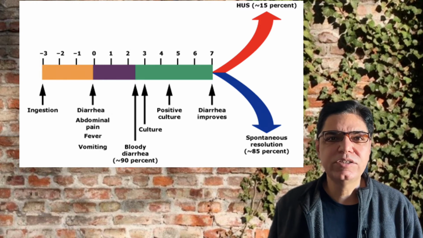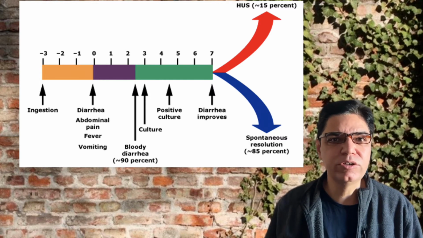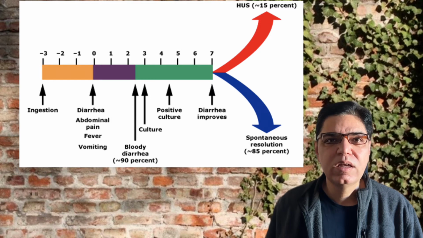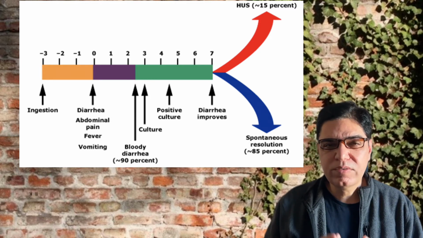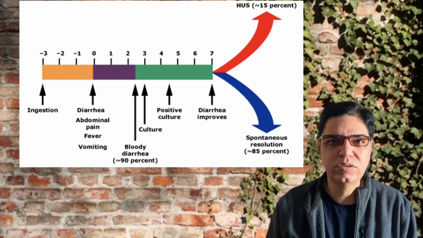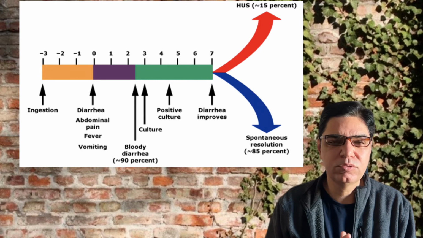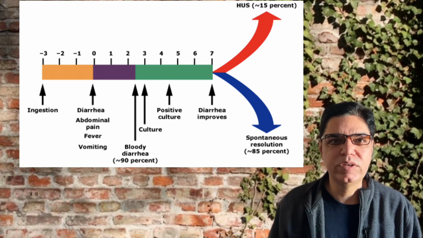Now, the initial illness typically resolves within a week. So a child has gastroenteritis symptoms, which usually resolve within 6 to 7 days. But the complication of hemolytic uremic syndrome, if it occurs, usually arises between 5 days to 2 weeks after the initial onset of symptoms. So once the symptoms start, it occurs somewhere within a week to 2 weeks time.